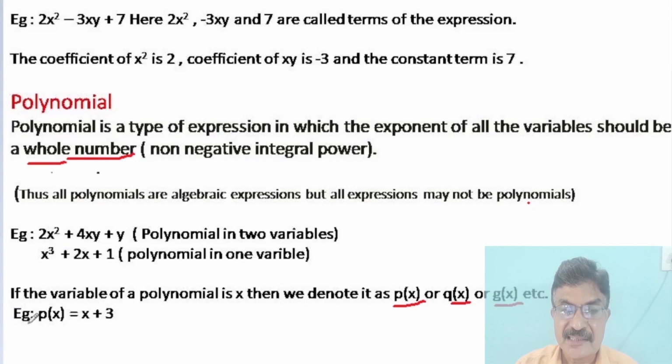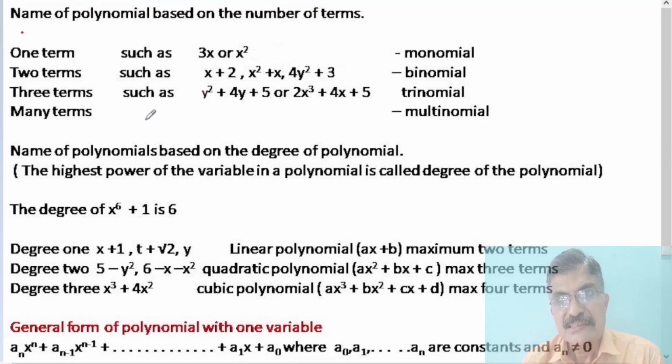Here I show an example, px is equal to x plus 3. Then how can we write this for 2 variables? In this session, we will study polynomials with only one variable. There are polynomials with many variables, like x square plus 4xy plus y square. You will study polynomials with many variables in higher classes.